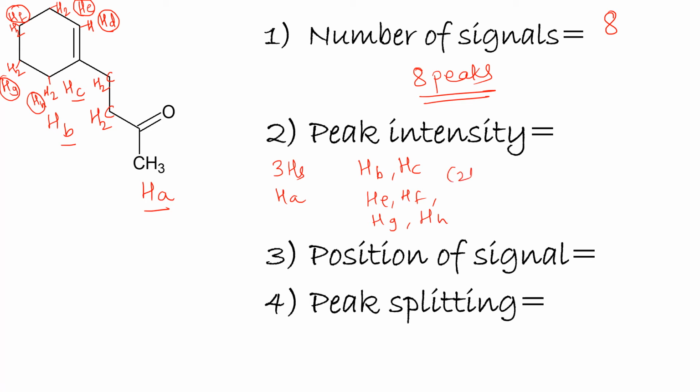They all have 2 hydrogens, and what is remaining is HD, which represents only 1 hydrogen. So this would be the peak with the lowest intensity, and this will be the order of peak intensity for this particular structure.